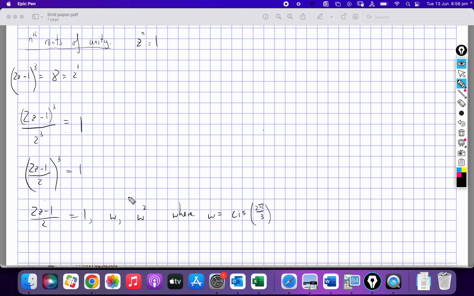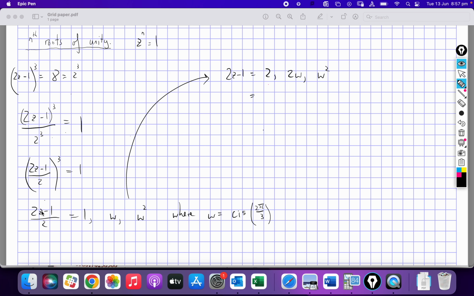I can then work with this a bit more, and I could say, all right, well, 2z minus 1 would have to equal 2w squared. So what have I done there, people? I've multiplied everything by 2 to get rid of this divide by 2.